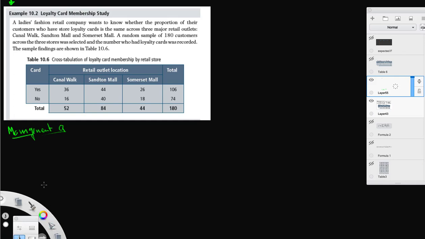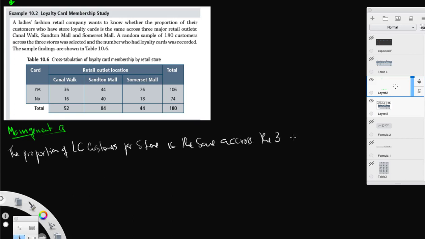From what I understand, the management question is trying to find out if the proportion of, I'll just write LC, loyalty card customers per store is the same across the three retail outlets.